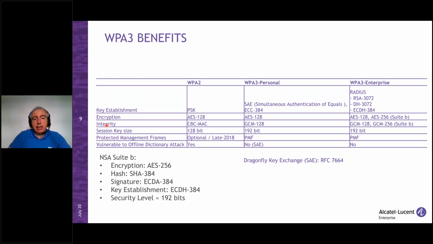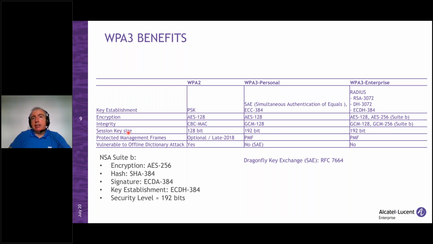Then we have integrity, which is CBC-MAC, quite old, and you can extract some information from the time it takes to compute, so it's considered not so strong. And here we use again these cryptographic elements, Galois Counter Mode with 128 bits, which is the new standard in WPA3.